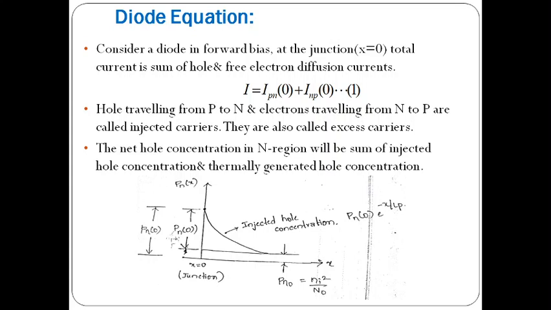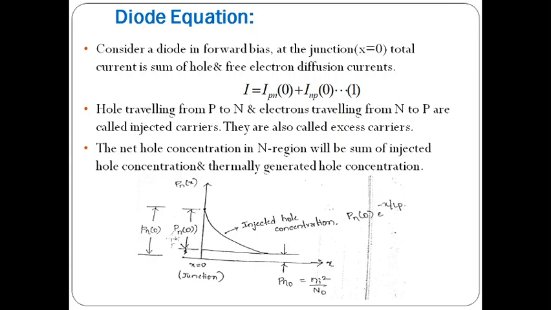We will discuss the diode equation, or diode current equation. It gives the relationship between the current passing through a diode and the voltage across the diode.